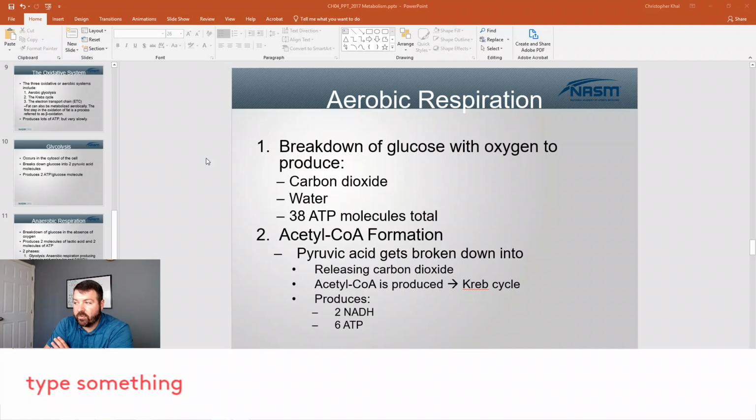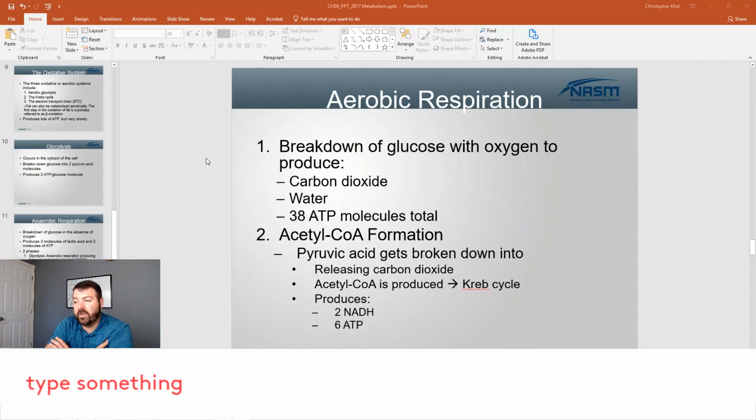Next would be the aerobic respiration. This is the breakdown of glucose with oxygen to produce carbon dioxide and water, and aerobic respiration can produce 38 ATP molecules total per cycle of everything. The acetyl-CoA formation is where the pyruvic acid gets broken down into carbon dioxide.